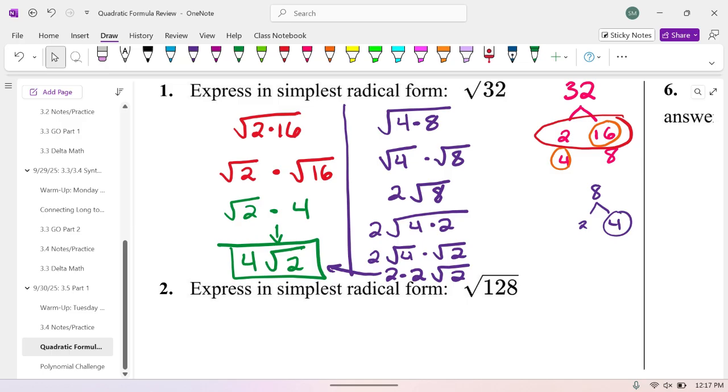When you're stuck, talk to your group mates. Remember, you're looking for a perfect square. It doesn't necessarily have to be the highest.